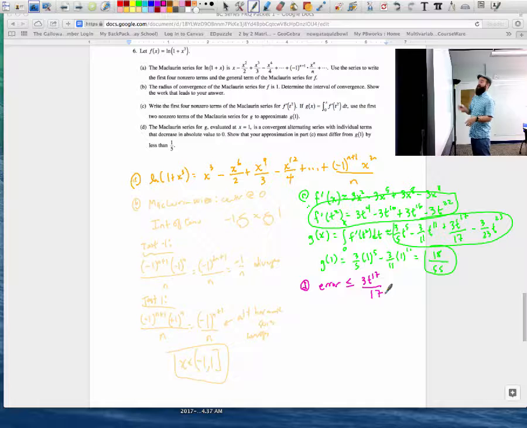Now I wanted the error at 1. So if I find the error at 1, I get 3 times 1 to the 17th, over 17, which is 3/17.